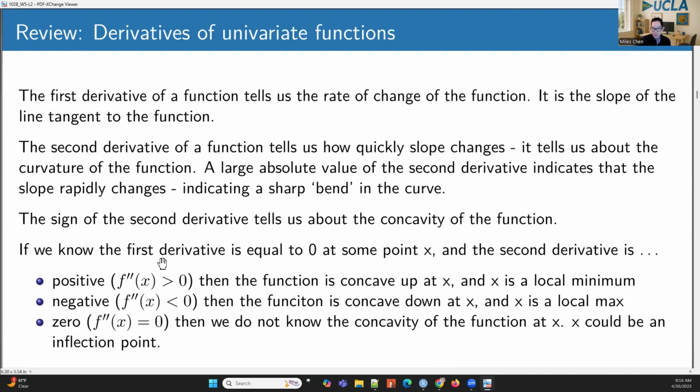If the first derivative is equal to 0, and the second derivative is negative, then that means it's going from a positive slope to a negative slope. And so that's concave down, and then x would correspond to a local maximum. If your second derivative is equal to 0, then we don't know the concavity. X could be an inflection point. It could be a saddle point. We're not quite sure what's going on with the second derivative there. Okay.